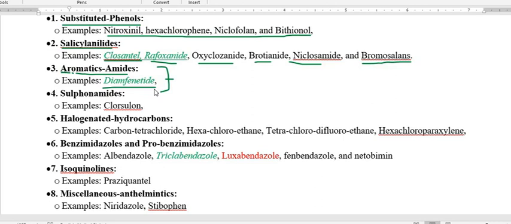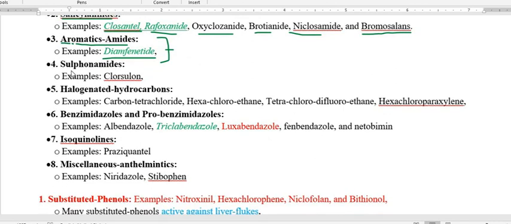So this is very interesting. Then under the sulfonamide group as an antitrematodal, the example is clorsulon. This is important, that clorsulon is a sulfonamide which is used as an antitrematodal.